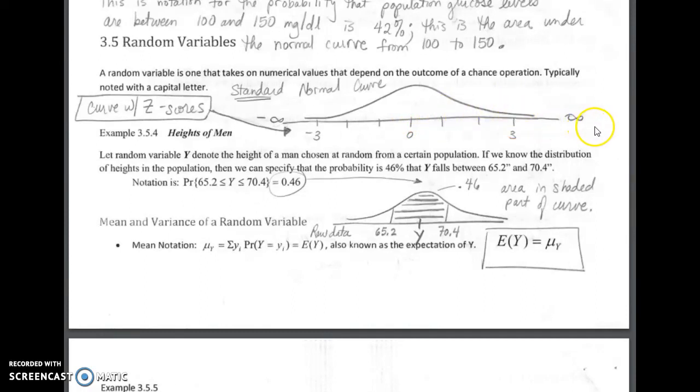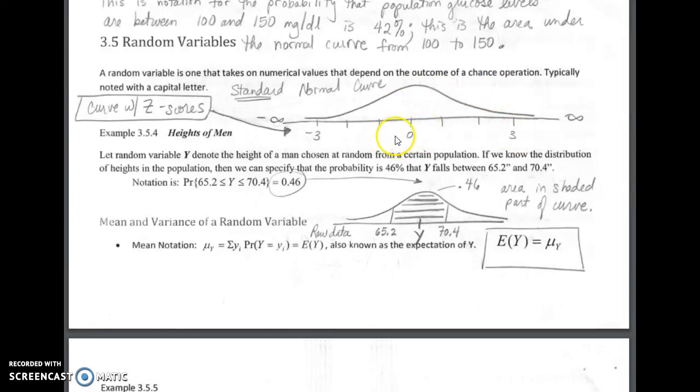Now it actually goes to infinity, but most of our information for all distributions is found between positive 3 and negative 3. In fact, one of the rules states that 99.7% of all distributions are contained within negative 3 to positive 3 standard deviations under the standard normal curve.